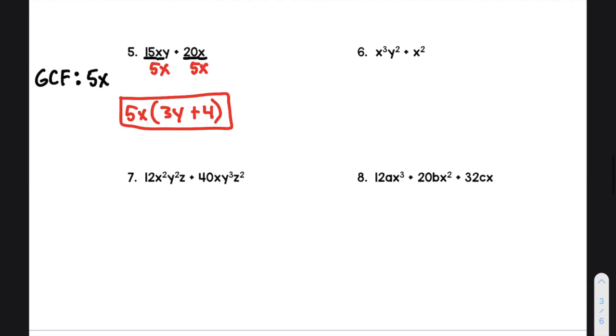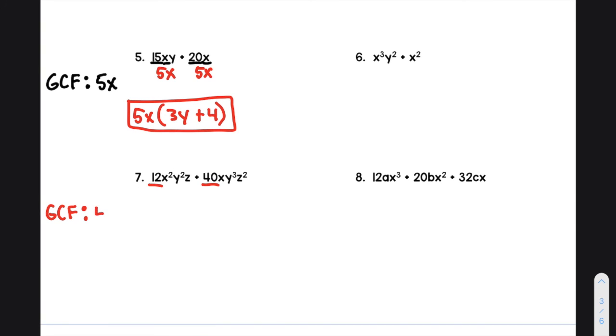Last problem in the column. Let's first find the GCF of the two terms. Biggest number that goes into 12 and 40. I know 2 goes into 12 and 40, but there's probably a larger number that does. Double check on your calculator or do the procedure that I showed you in the beginning of the video, in which you'll find that the GCF, or the biggest number that goes into 12 and 40, is 4.